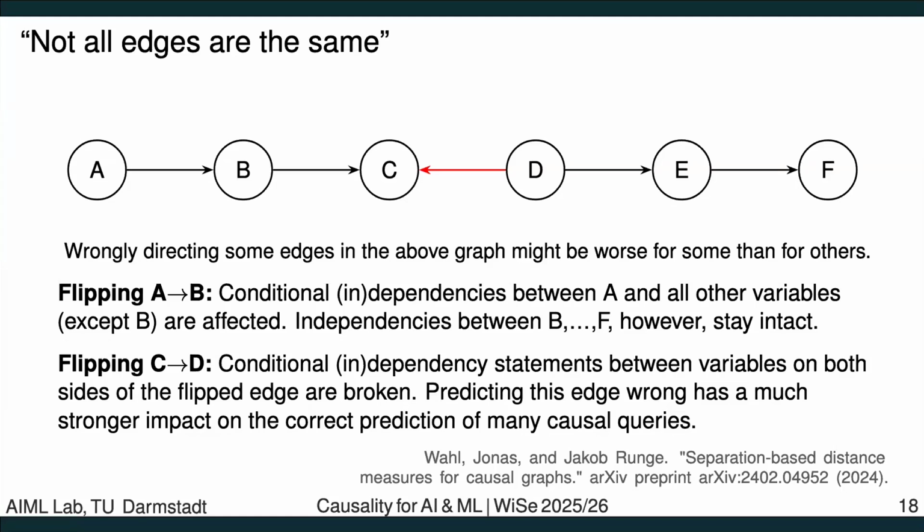If we change A, or at least if we change B, it no longer propagates all the way through F, but it stops at C already. So if we are doing inferences in this graph where we wrongfully discovered this edge, then we will get a lot more errors or wrong estimates when using this graph.